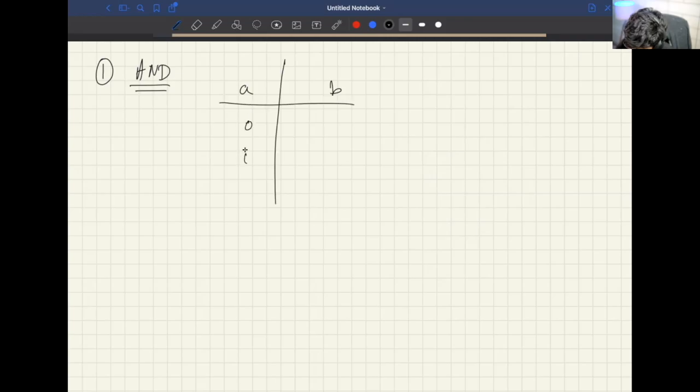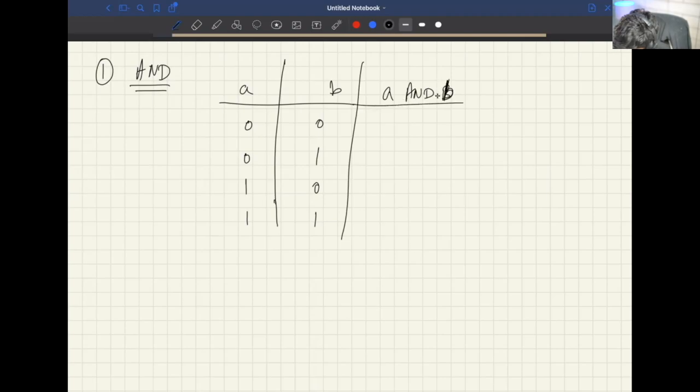Okay, so first one is the bitwise AND, very simple stuff. So this basically means that if you have a number a and a number b, say 0 0 1 1 0 1 0 1, a and b should basically be something like this.